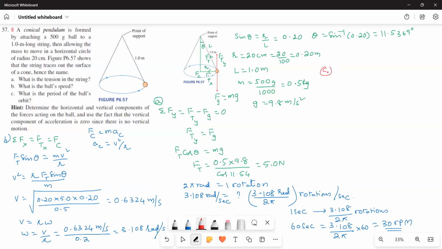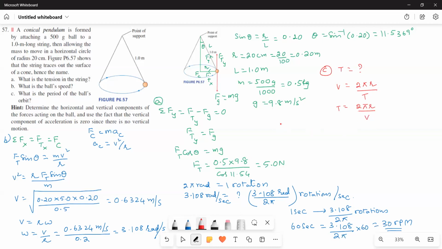Now the third bit I will do here. The third bit is he's asking us to find out the period, time period T is equal to question mark. How do we find out the T? We know v is equal to distance over time. Distance here is 2 pi r over T. So T is equal to 2 pi r over v.